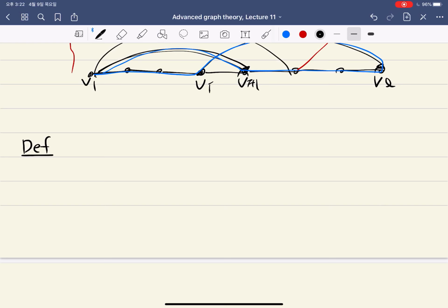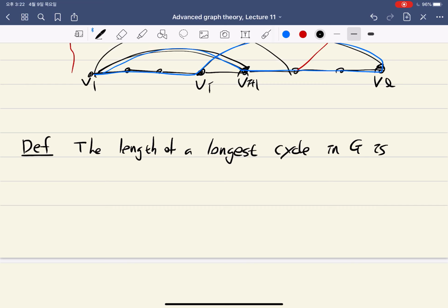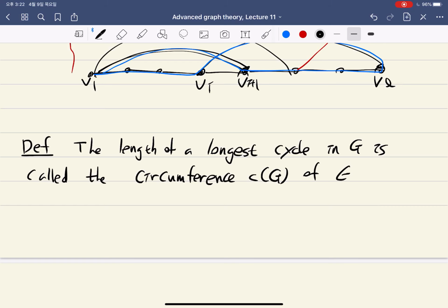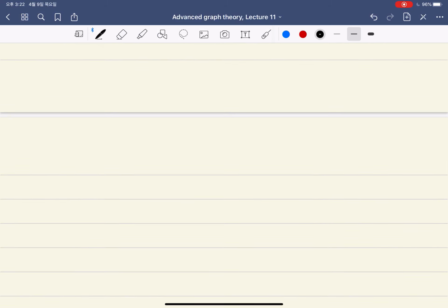So let's define the length of a longest cycle in G as the circumference. Let's write c(G) for the circumference of G.